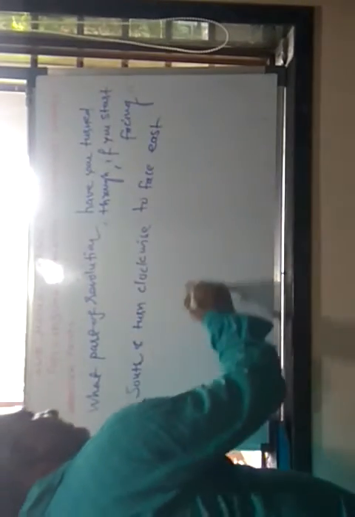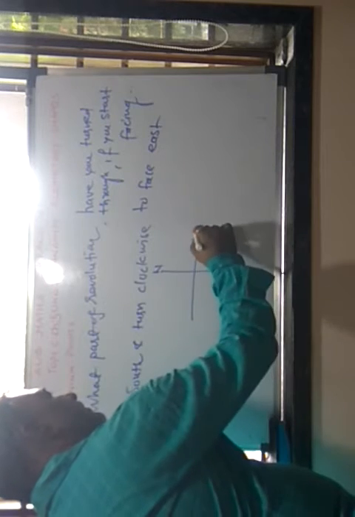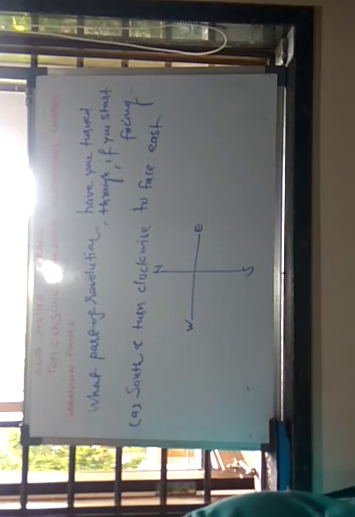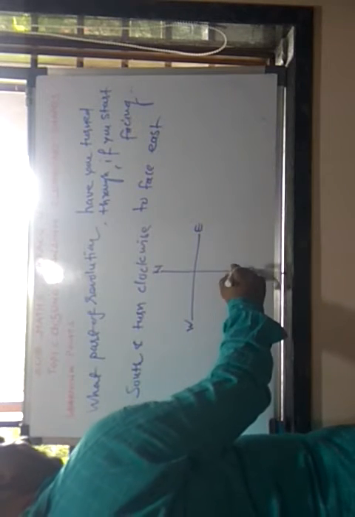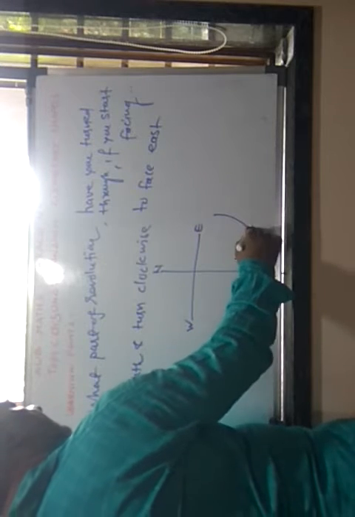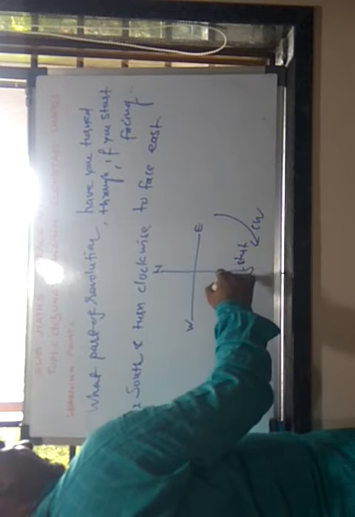Okay. Start from south. So write down north, south, east, west. Start from here, start from south. This is our starting point. Clockwise, face east.